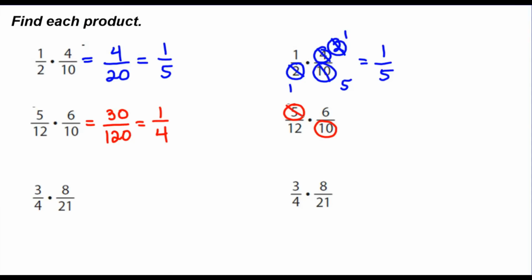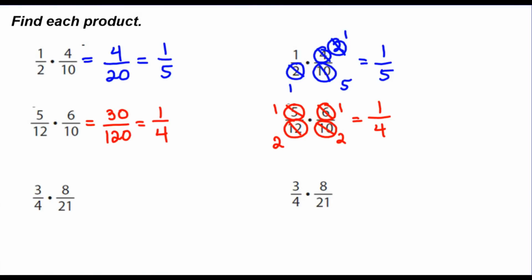So if I divide these both by 5, I get 1 and 2. And then these numbers, 6 and 12, have a common factor of 6. If I divide them both by 6, I get 1 and 2. Now, if I multiply 1 times 1 and 2 times 2, I get my 1/4. So you get the same result. It just matters when you want to do your simplification.